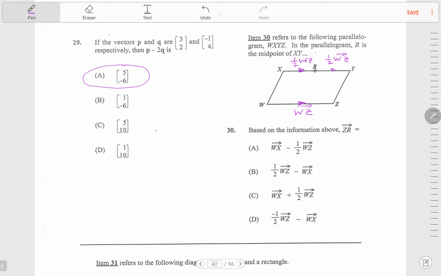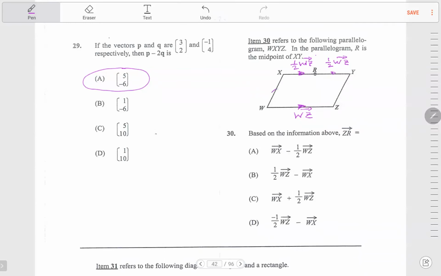And then the other vector they give in reference is WX. So this double vector is WX. Because this vector over here is parallel and equal, this vector, even though it's ZY, is WX as well. That also is WX. So that's what we have to establish, because all answers are in terms of WX and WZ.